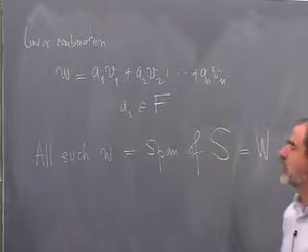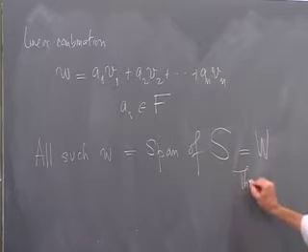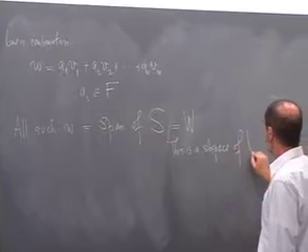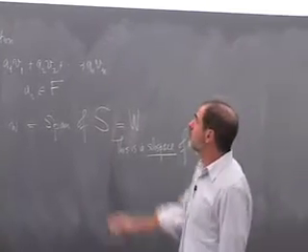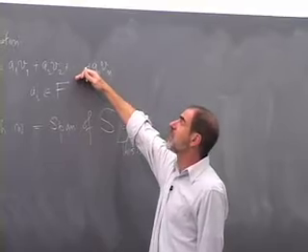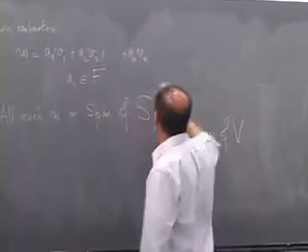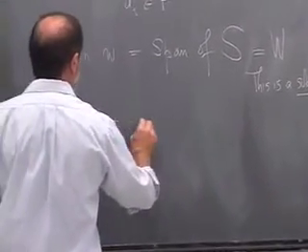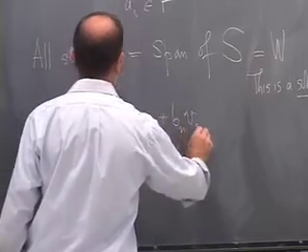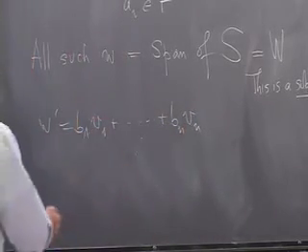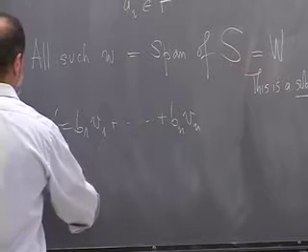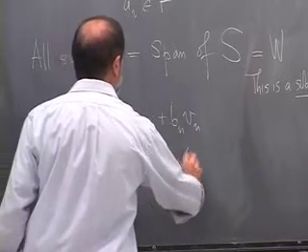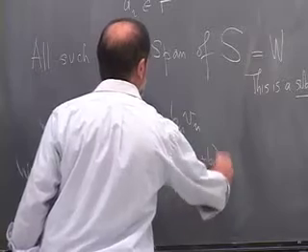And the proposition or the observation is that this is a subspace of V, closed under addition and scalar multiplication. Well, if you have two vectors of this form and you add them, you clearly get another vector of the form. So if you have a W prime, let's just check that. W prime is B1 V1 plus ... plus Bn Vn. And if you use the associative law or the distributive law, you find that W plus W prime is (A1 plus B1) times V1 plus ... plus (An plus Bn) times Vn.